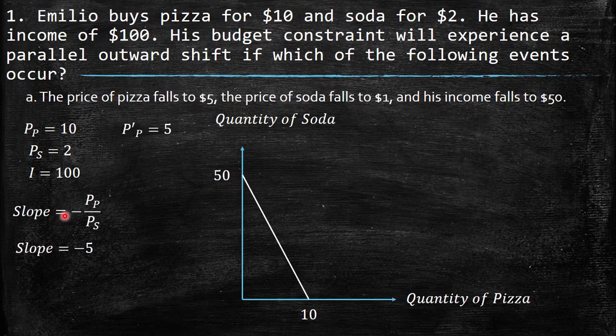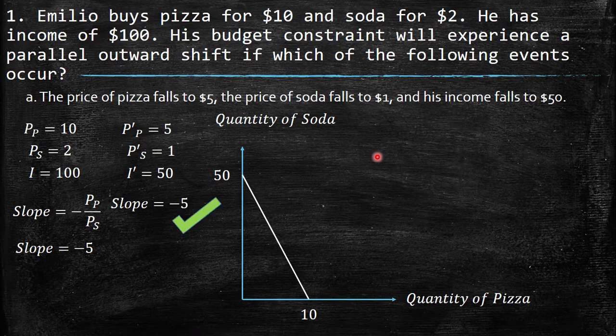Actually, I'm thinking this should maybe be the price of soda over the price of pizza, but it doesn't matter for our exercise. We just know the slope should be minus 5. Then the price of pizza is 5, the price of soda is 1, and the income is 50. In that case the slope is also minus 5, because the price of pizza over the price of soda, 5 over 1, remains the same. So we can say this slope has not changed, so it could be a parallel movement.